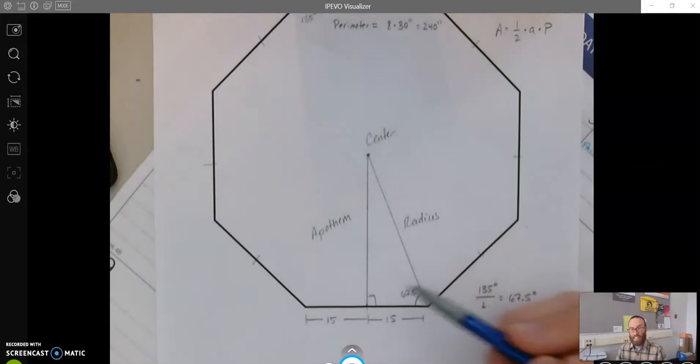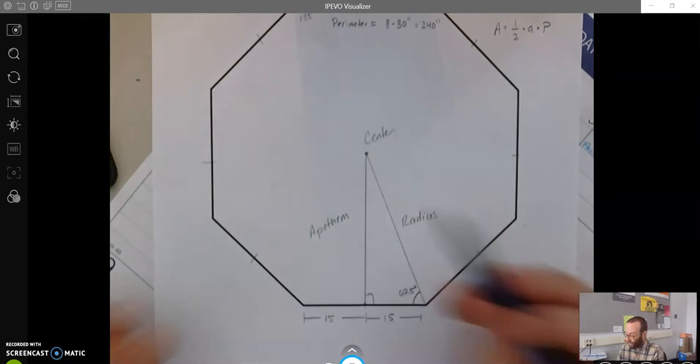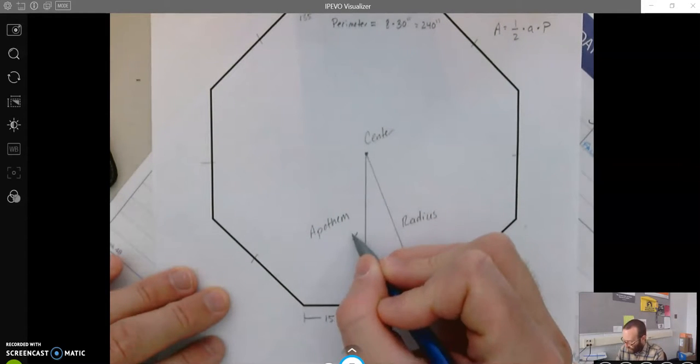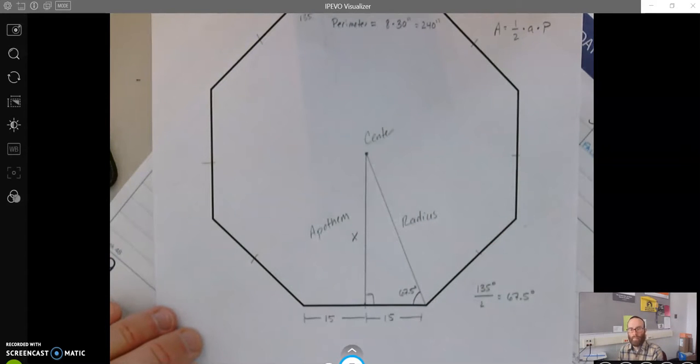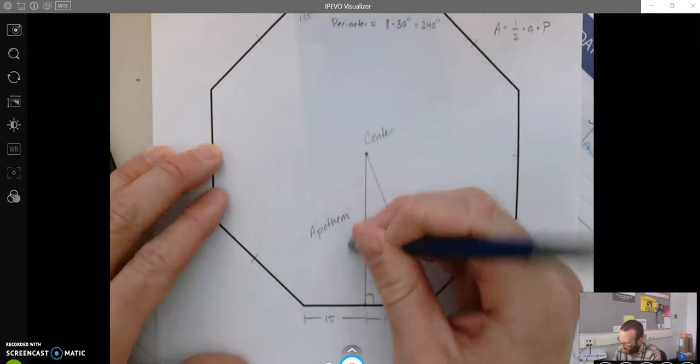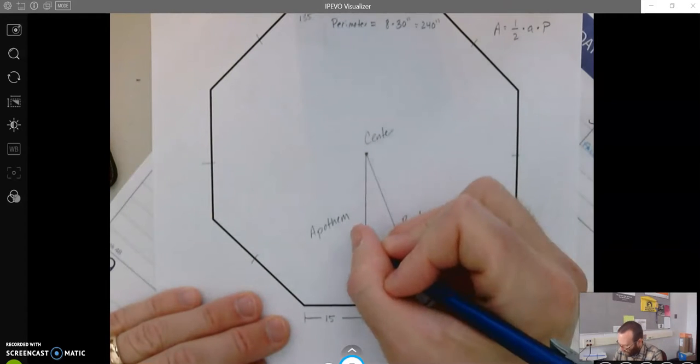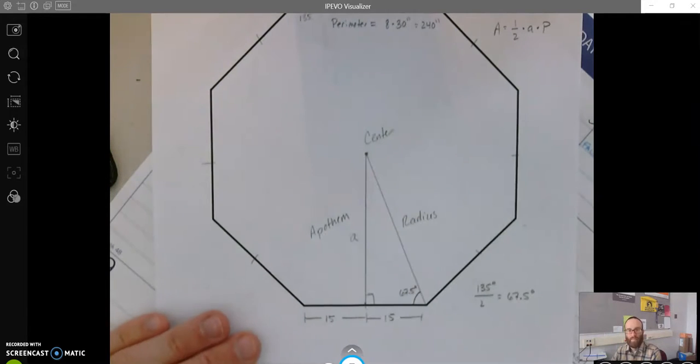This gives us a really nice right triangle. What we're trying to find is the apothem. I'm going to label that as x. No, change that. We're using a in our formula. Let's use a right there. And so our apothem is going to be a. Think back to trig here.